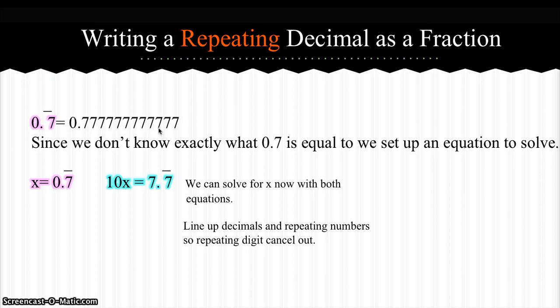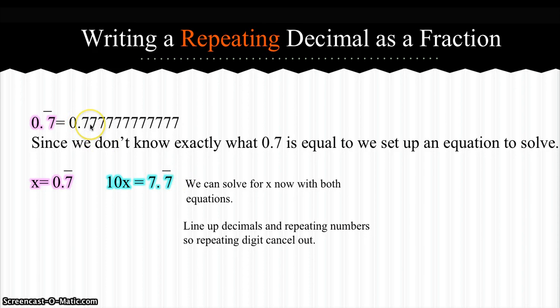So in this case, we're going to set up an equation to solve it. So we're just going to say that x is equal to 0.7, which repeats. Now, if I move my decimal over to the next spot, I'm going to have 7.7, which is repeating.